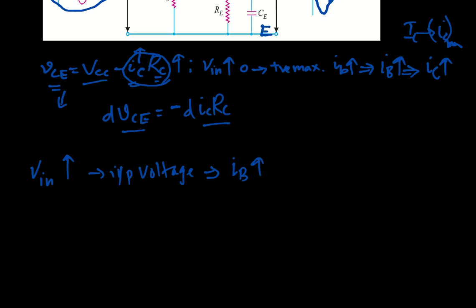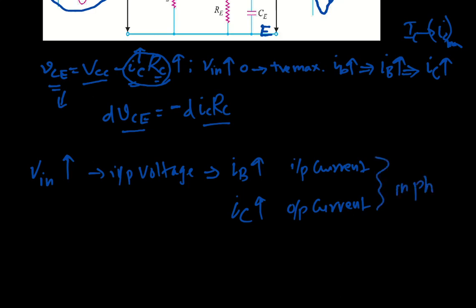And when IB increases in the positive sense, IC will also increase in the same way. That is, when the base current goes from the zero signal value to the maximum, the collector current will also go from the zero signal value to the maximum. That means IB is the input current and IC is the output current. So input current and output current are in phase. There is no phase difference between the input current and the output current.